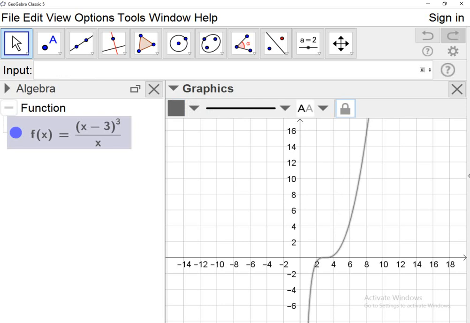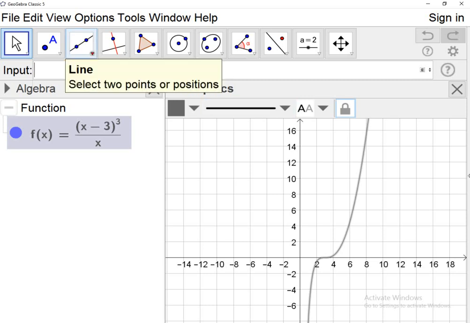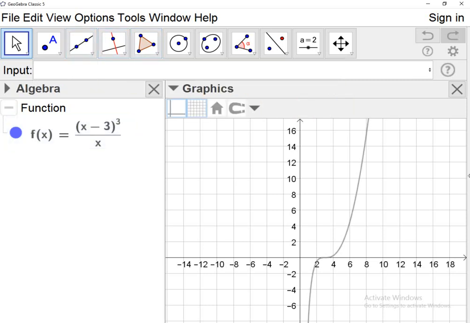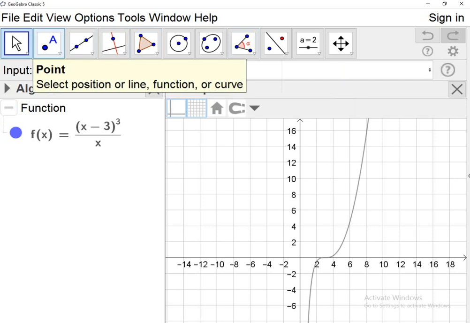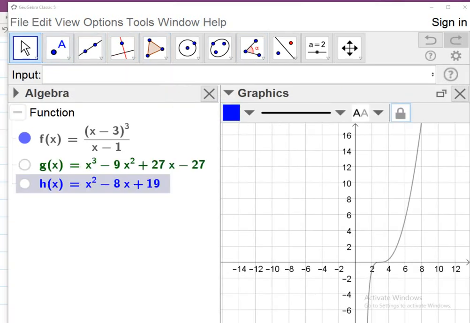I get something like that. And now if we did the long division algorithm here, we would find out that there is a parabola. I don't know that I can actually do this real quick. Obviously I did a little cheating here.